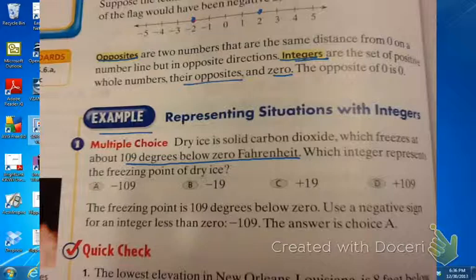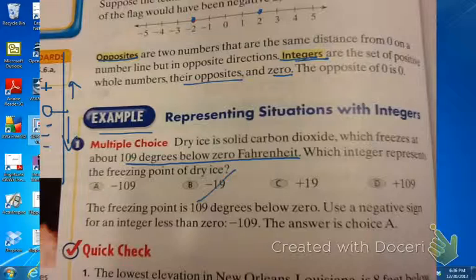So temperature is also a number line, but it's the vertical number line, and we have your 0 here, and everything below is going to be negative numbers, and everything above is going to be positive. So if the solid carbon dioxide freezes at 109 degrees below 0 Fahrenheit, then it's going to be down here in the negative. So if we look at our choices here, we have -109, -119.